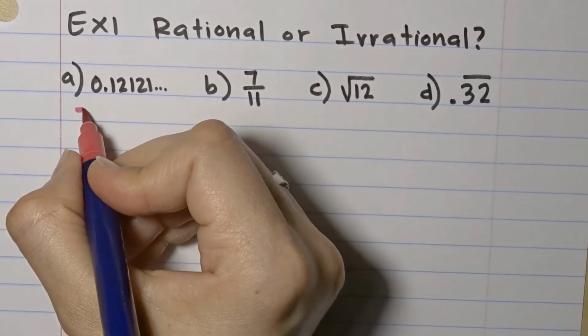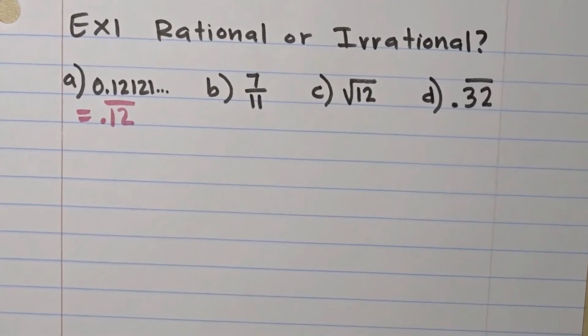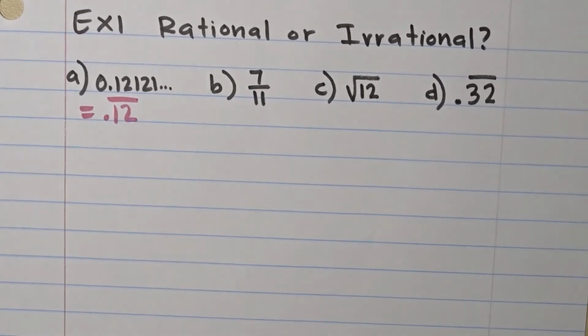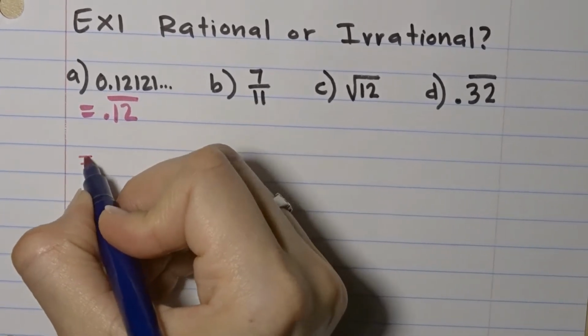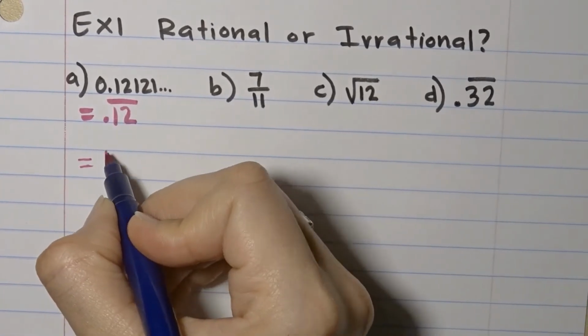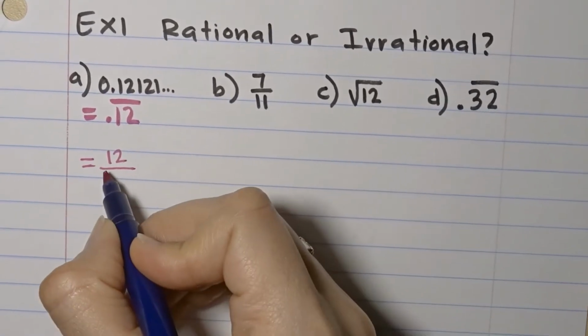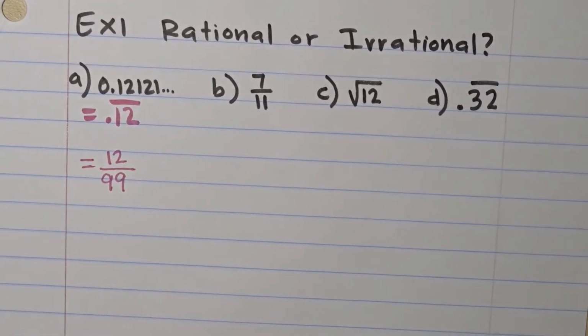So therefore, this can be written as 0.12 with the repetition bar. And there's a trick that I know: because I have 2 digits repeating, all you do is take those same 2 digits and each digit needs a 9. So 12 over 99.